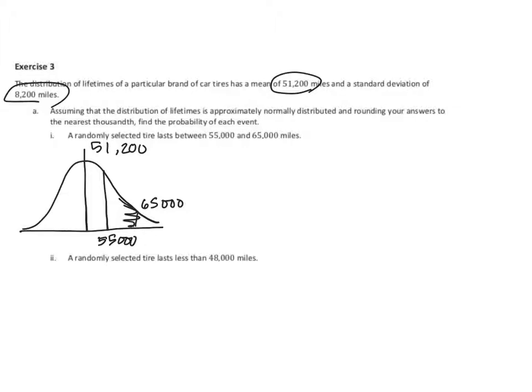I'm trying to find this piece right here. So we can find our z-score for the low end: 55,000 minus the mean over the standard deviation.